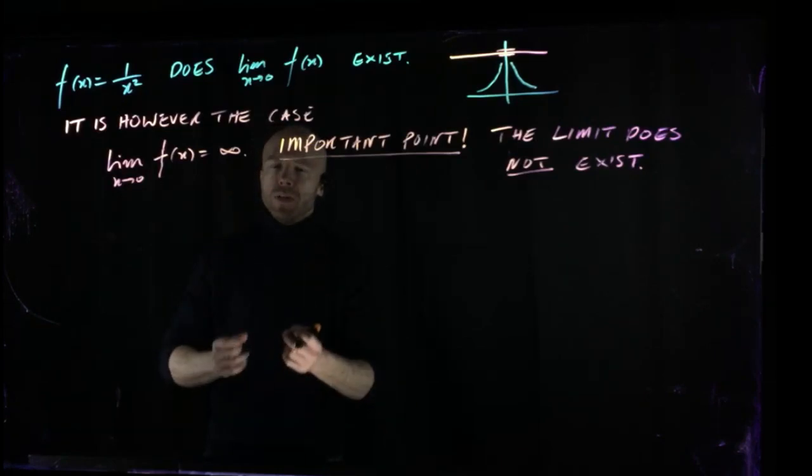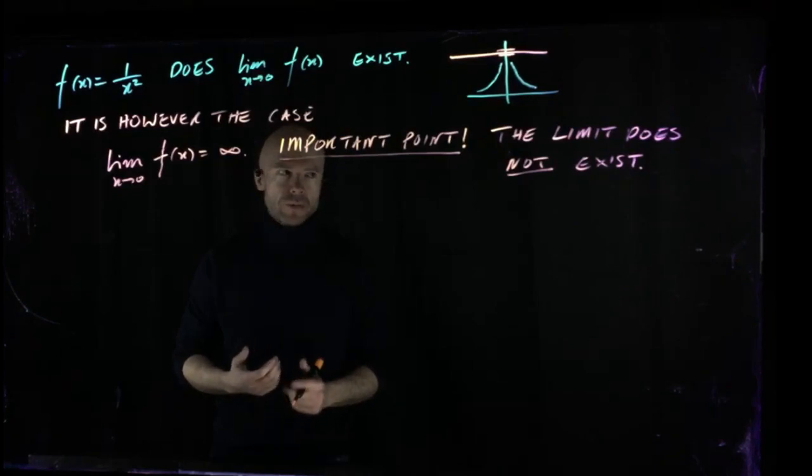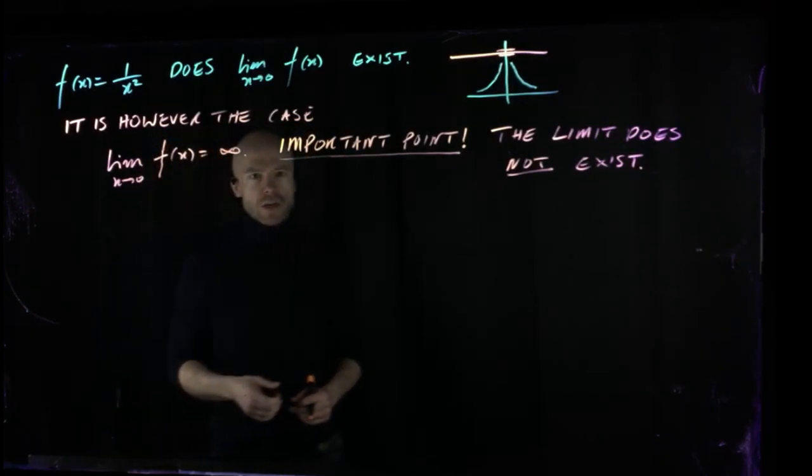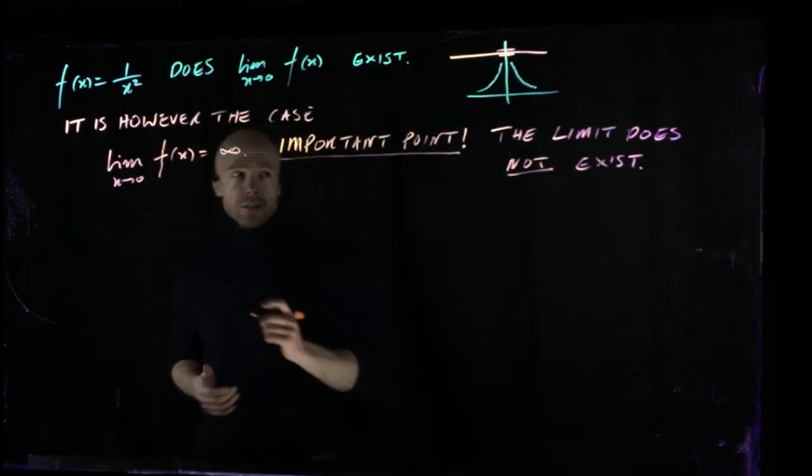We say that the limit does not exist, because when we say the limit exists, we mean it exists as a number. And again, this is something else that can be tested on a multiple choice. So the limit does not exist.